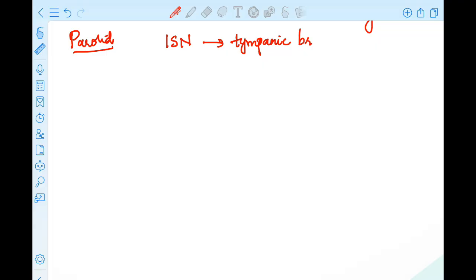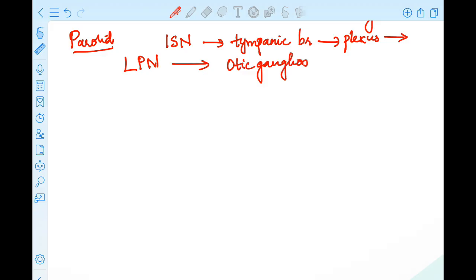So it travels through the tympanic branch of the glossopharyngeal nerve, then the tympanic plexus, then the lesser petrosal nerve, and then finally to the ganglion, which is known as the otic ganglion.